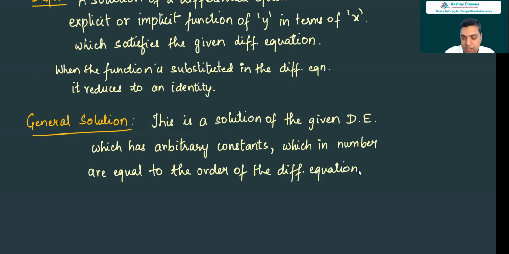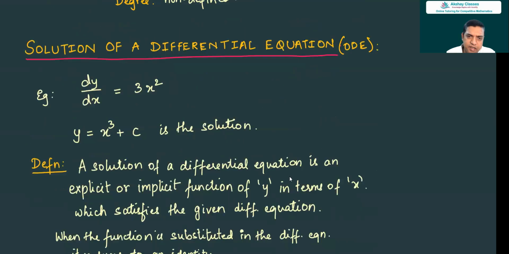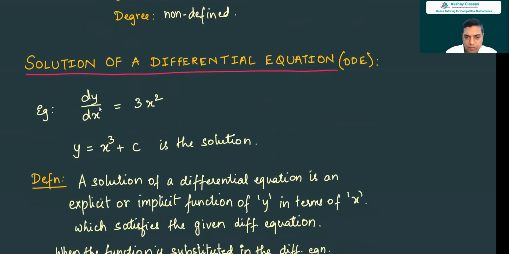Now, in the previous example, the order is 1. So when the order is 1, you will get only one arbitrary constant, because the solution of the differential equation is obtained by integration. So when we integrate, what we get is one arbitrary constant.